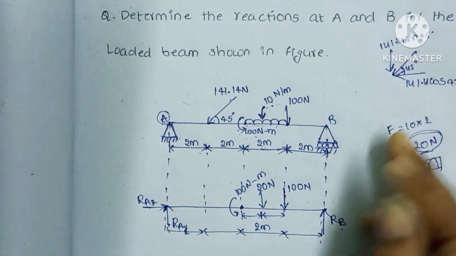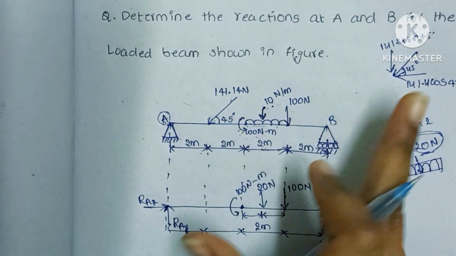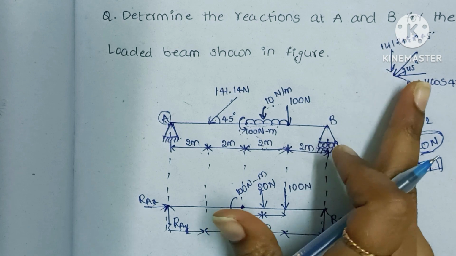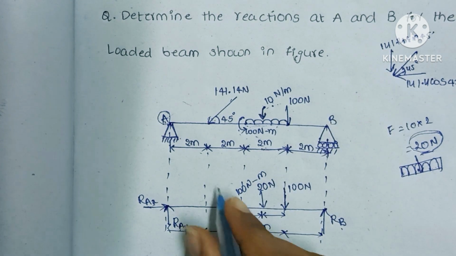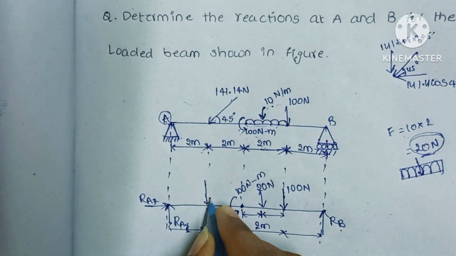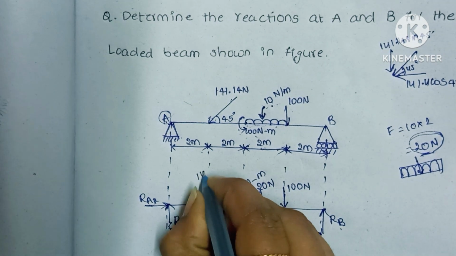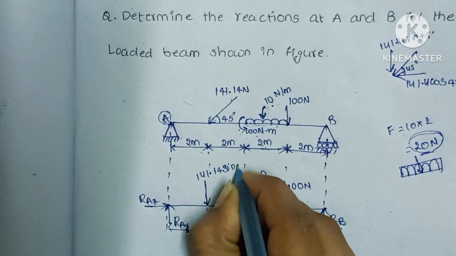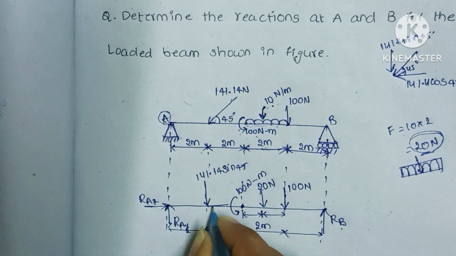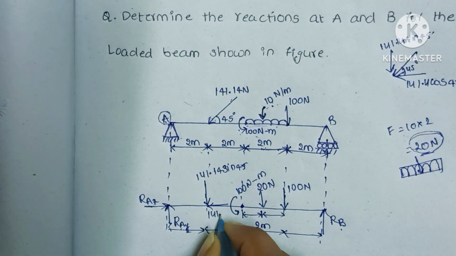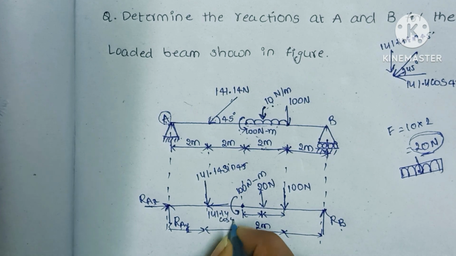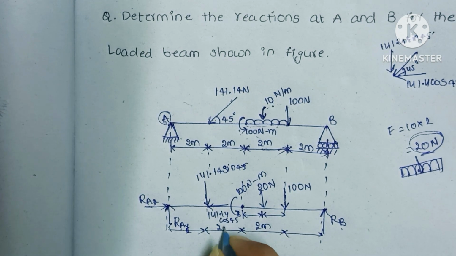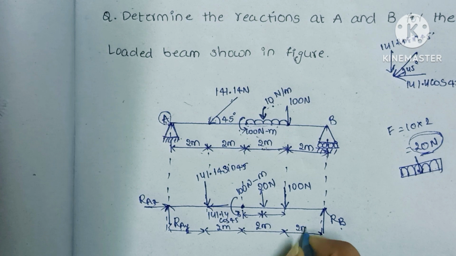In this way we can resolve any inclined force into horizontal and vertical components. So here the vertical force is 141.4 sin 45, and the horizontal one is 141.4 cos 45. This is 2 meters in length, and this is also 2 meters in length.